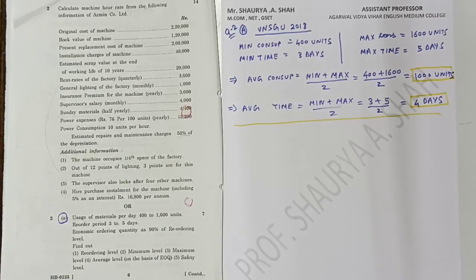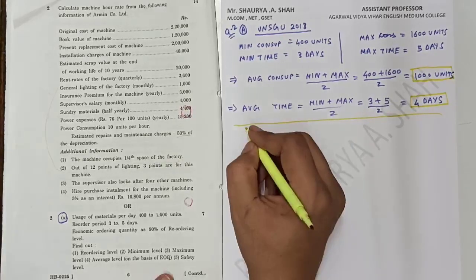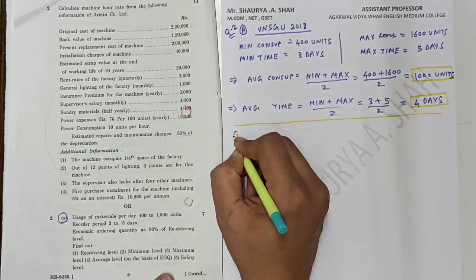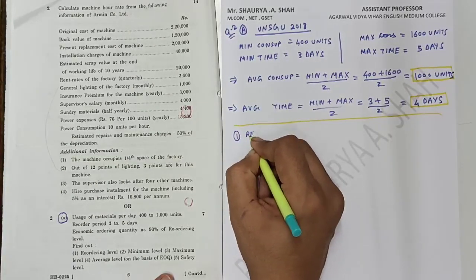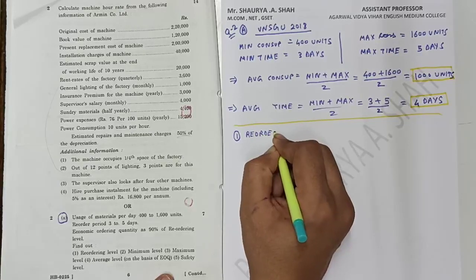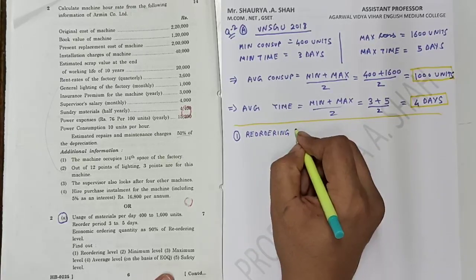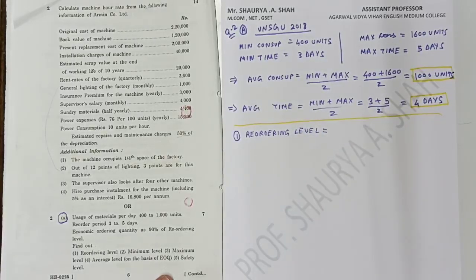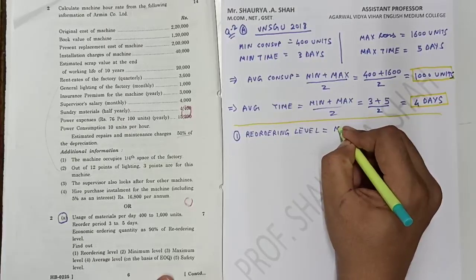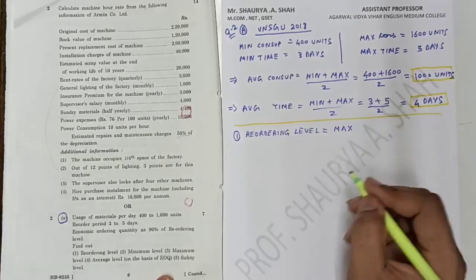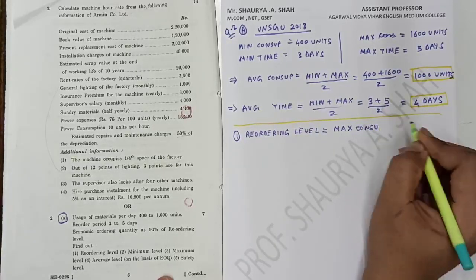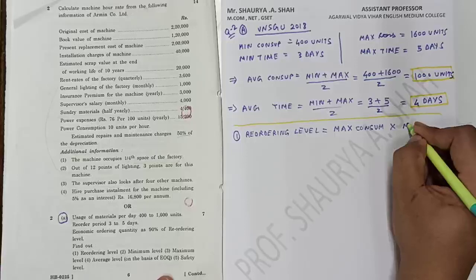What they have asked. The very first thing they have asked is your reordering level, right? So remembering the formula is very much important. Number 1, we'll be starting reordering level. Reordering level is equals to, you must be remembering the formula. What is it? Maximum consumption. In short, remember max, right? Reordering level is equals to maximum consumption into maximum time.